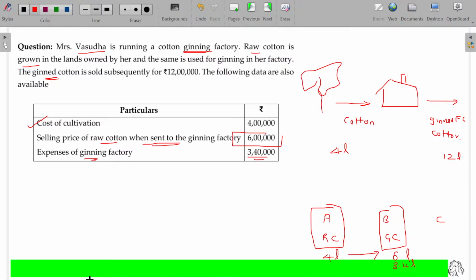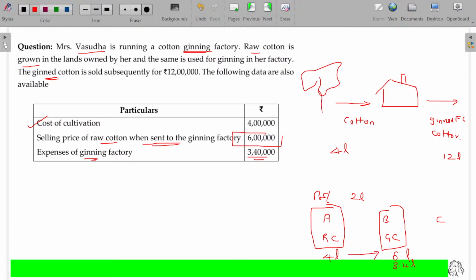If two parties are there, party A, only a farmer who cultivates the raw cotton, and B, the manufacturer who converts the raw cotton into ginned cotton, the farmer says I can sell it for 6 lakhs, the cost of cultivation being 4 lakhs, so the difference, 2 lakhs, is my profit.